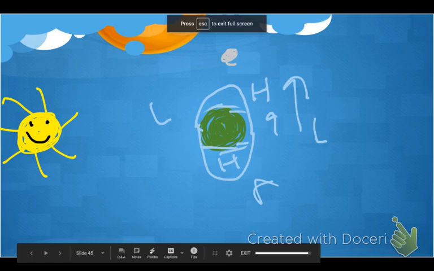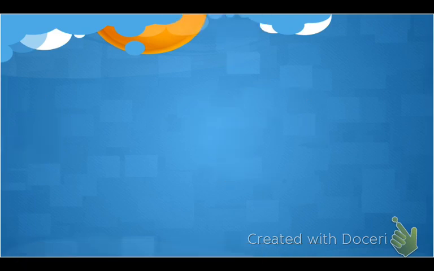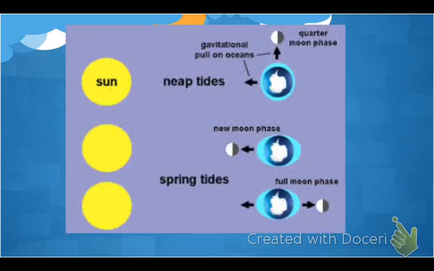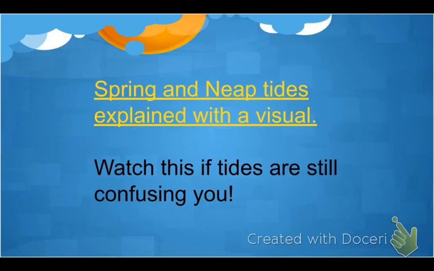Now, this is a difficult concept to understand, especially with me drawing pictures, because I can't show you how things are moving. If you were in the classroom, I would have strings where you could manipulate this and see it for yourself. If you don't understand what I was saying, which you probably don't, there's no shame in it, there is a video with a visual that I beg you to please watch.